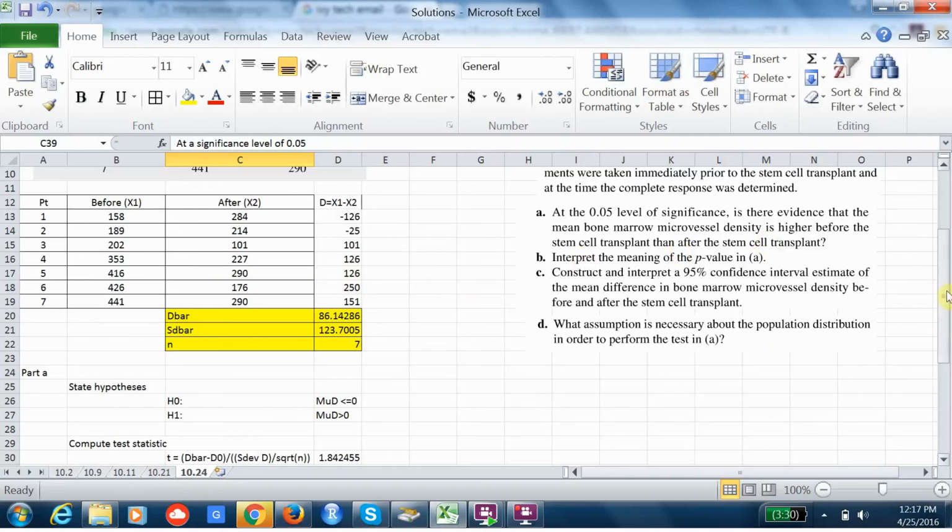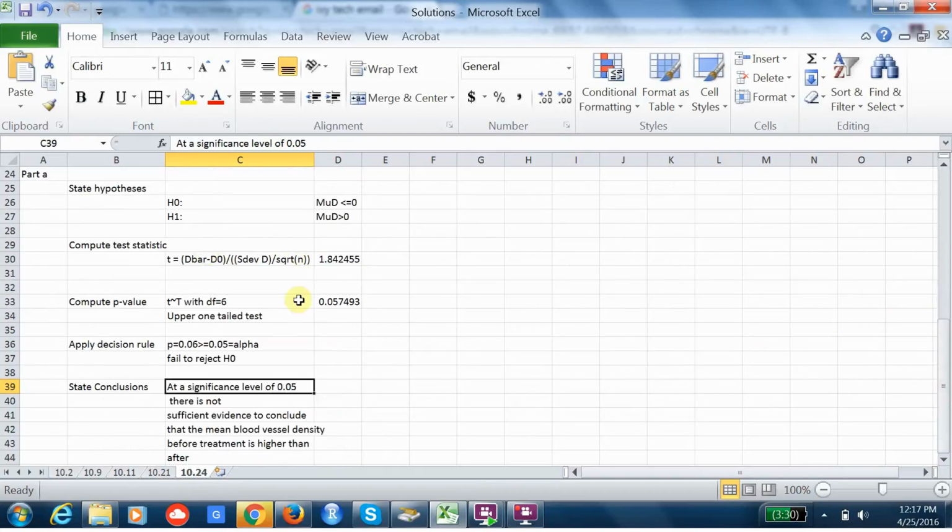We interpret the p-value here for part B. We're just going to say that the p-value is the probability that we could get a value this far from the mean or further. And for a one-tailed test, it's actually the probability that we could get a value this far above the mean or more. Okay. So the p-value is the percentile.